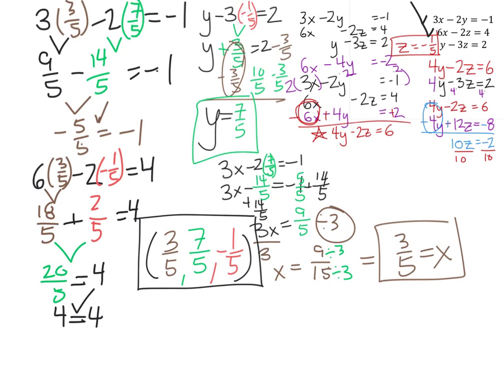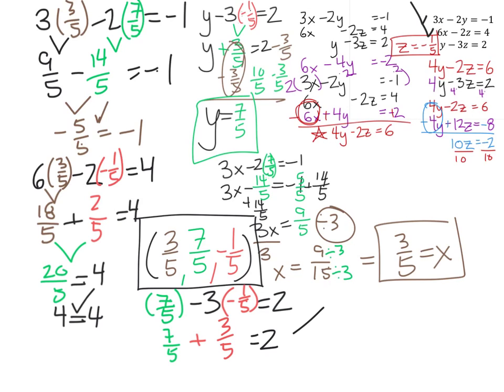Finally we'll check the third. Alright, so there we go. I've replaced the y and z in y minus 3z. And the 7/5 isn't going to change, but -3 times -1/5 would be a positive 3/5. And of course, this all needs to equal 2.